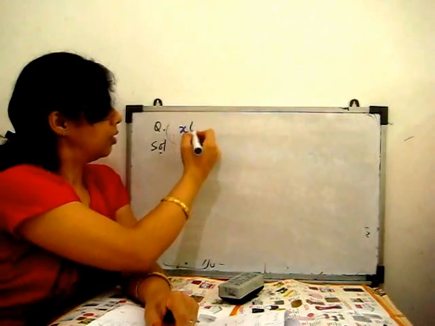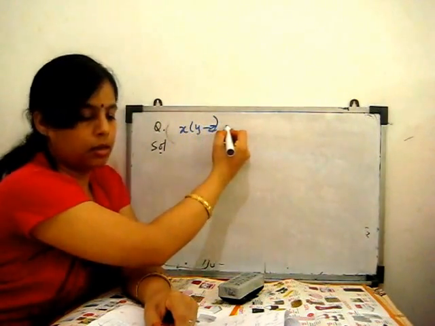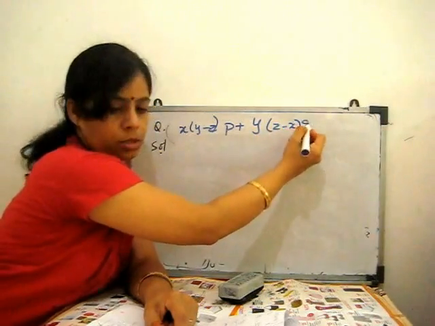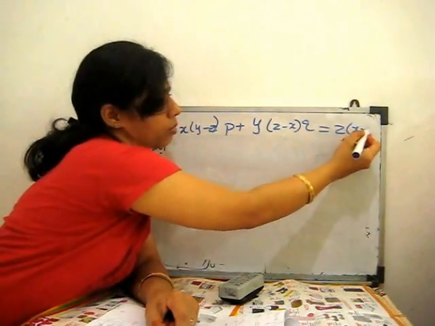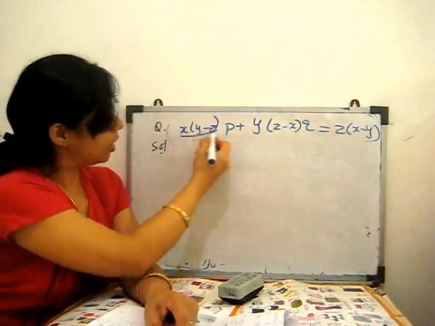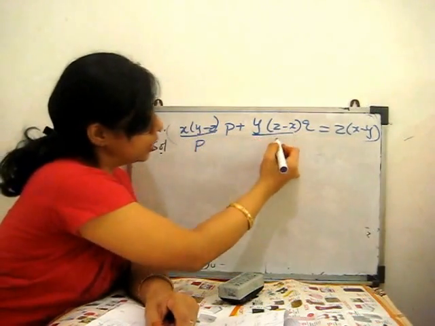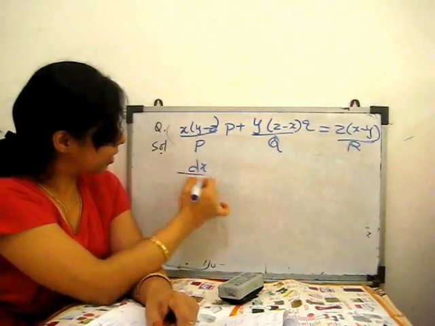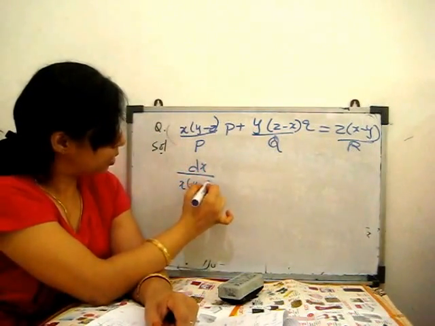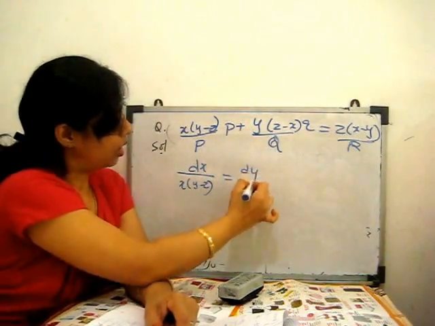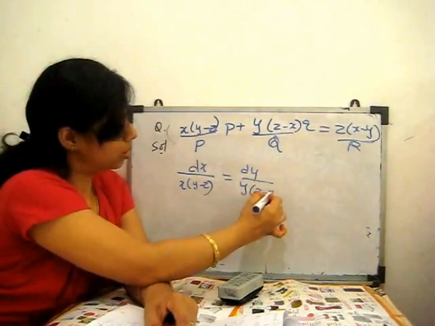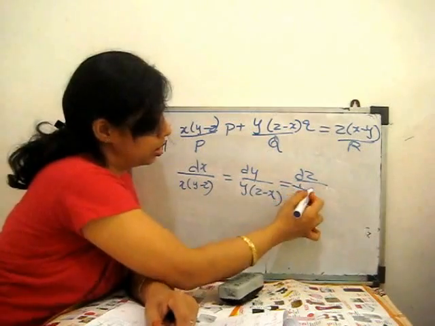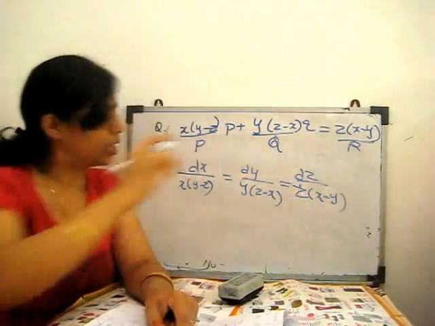Sometimes, see, (y - z)p + (z - x)q = x - y, where the coefficients are P, Q and R. So our solution is dx/(y - z) = dy/(z - x) = dz/(x - y). Clear?